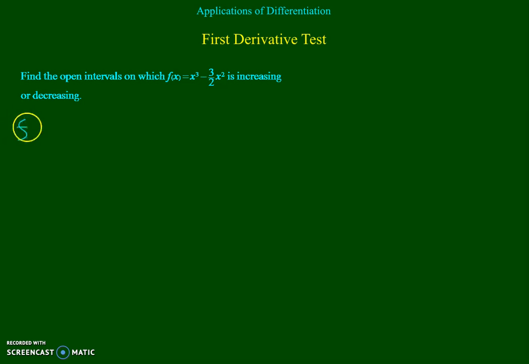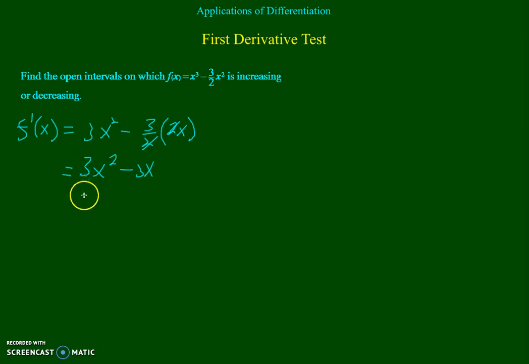And we can say f prime of x equals 3x squared minus 3/2, we're going to use the constant rule, times 2x. Well, this 2 cancels that 2, so we have 3x squared minus 3x.